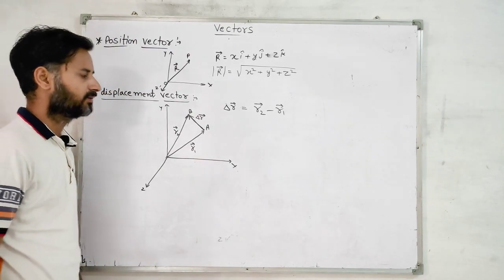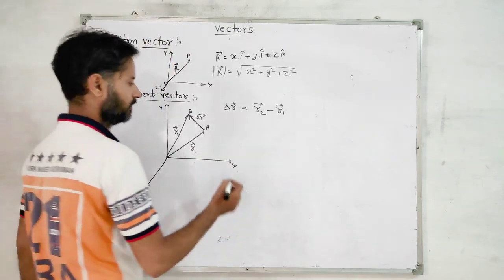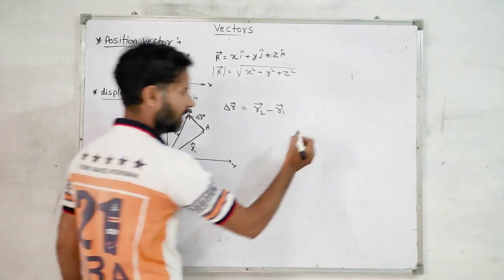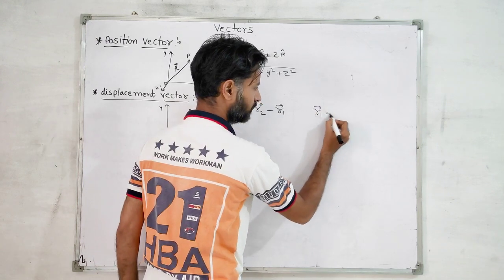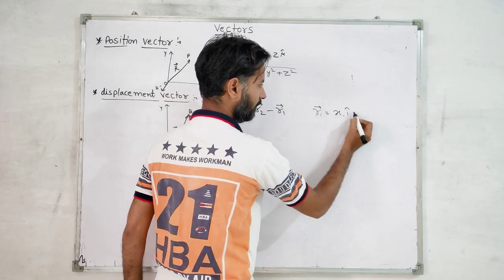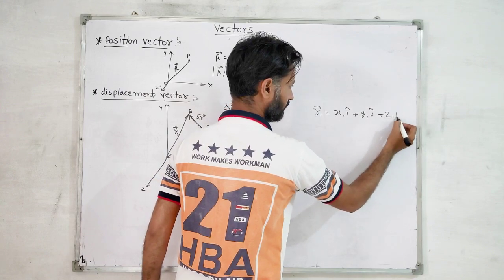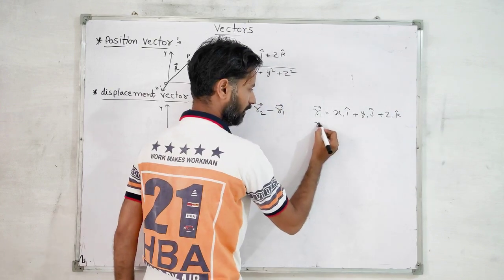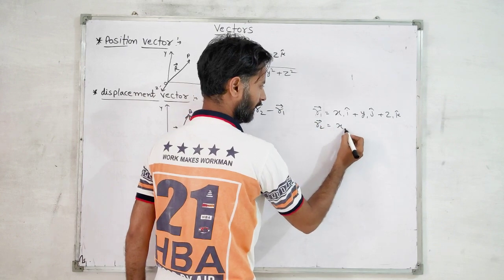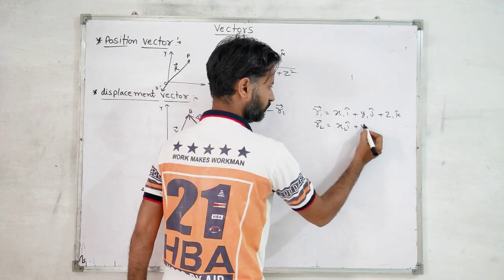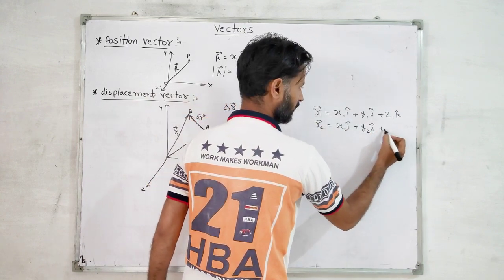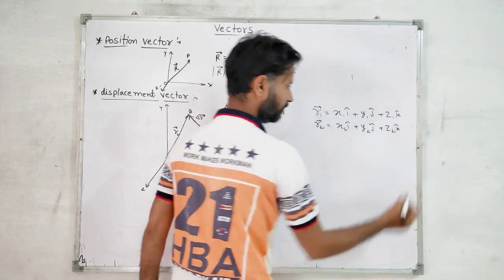Now write the values of r2 and r1. Since r1 is x1 i cap, y1 j cap, z1 k cap, and r2 is x2 i cap, y2 j cap and z2 k cap.